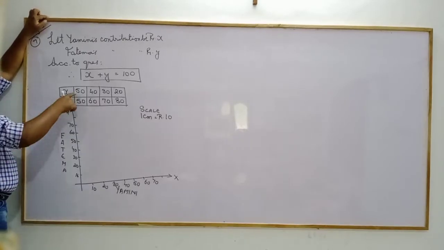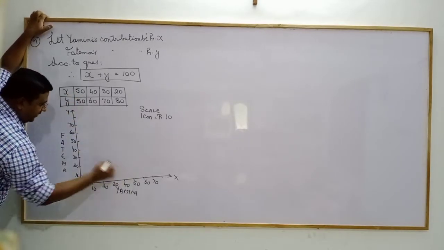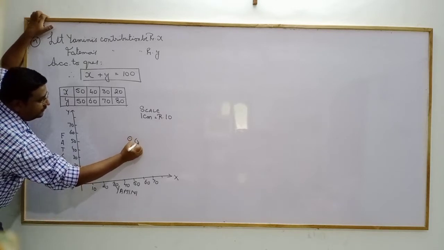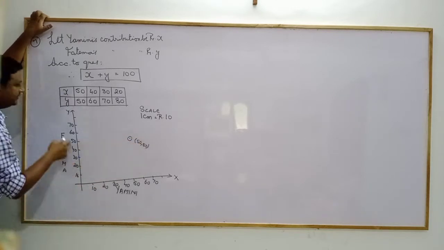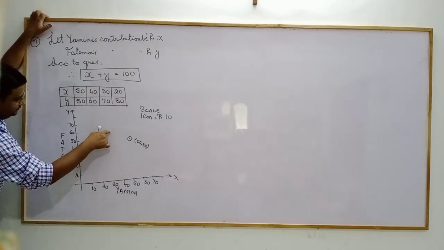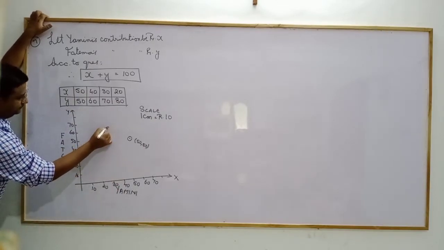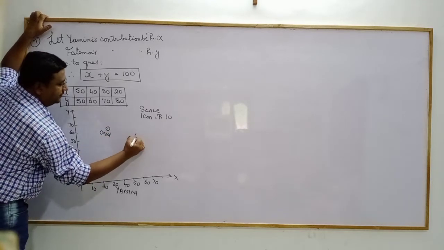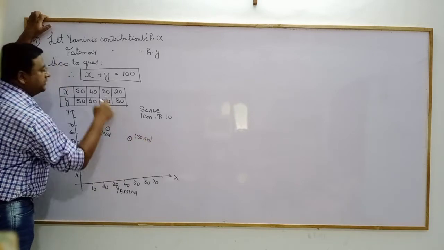Now place the point 50, 50. X is 50, Y is also 50. Then X 40, Y 60. Yes. 30, 70.